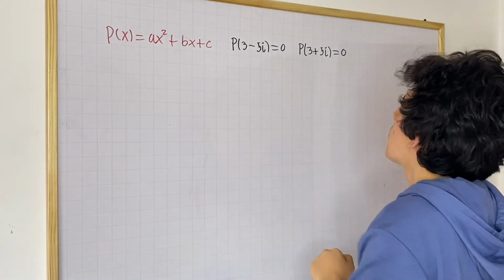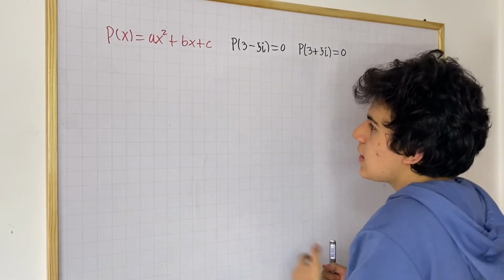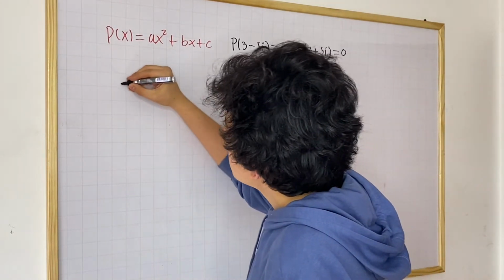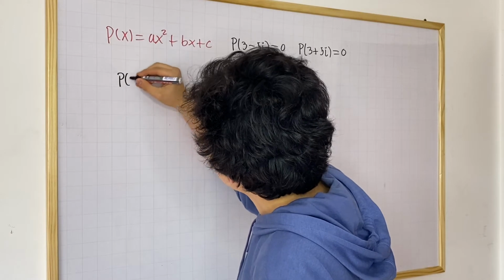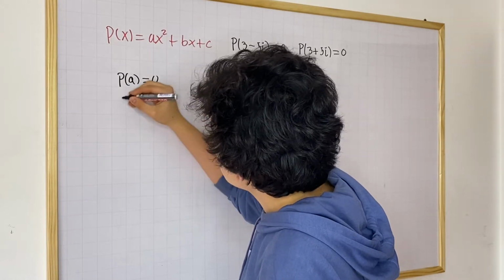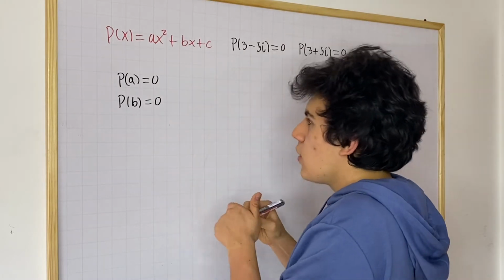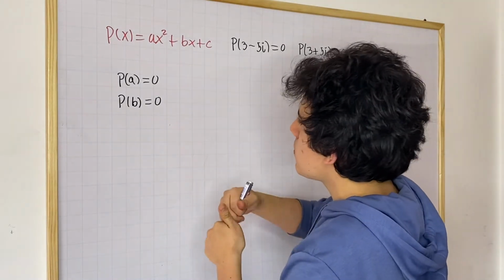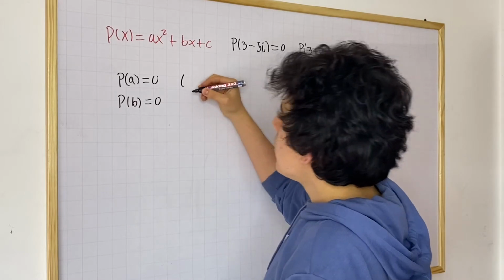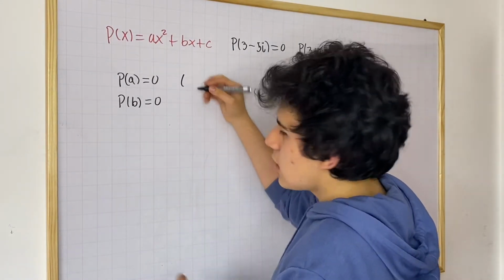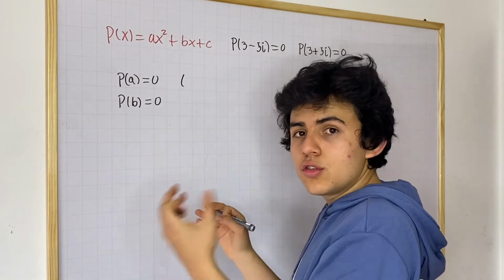Now, why is this important? Well, if we say, for example, that we know two roots for a polynomial. So let's say we know p of a is equal to 0 and p of b is equal to 0. Now, something you can create from this information is that the polynomial, since it is a quadratic form, you could factor it out into two factors.